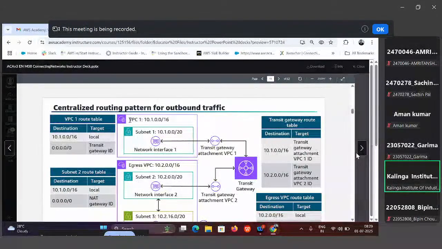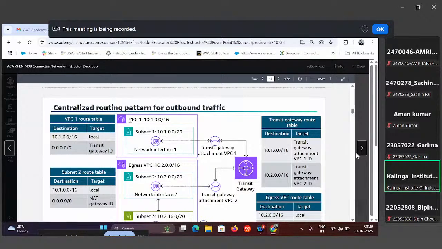So the main goal of this egress VPC is connecting to the outbound traffic, where you can minimize as much as possible, and it can handle all the outbound traffic from the other VPCs. Like this VPC is connected to VPC 1. If you have other zones and other VPCs, VPC 2, 3, 4, right?